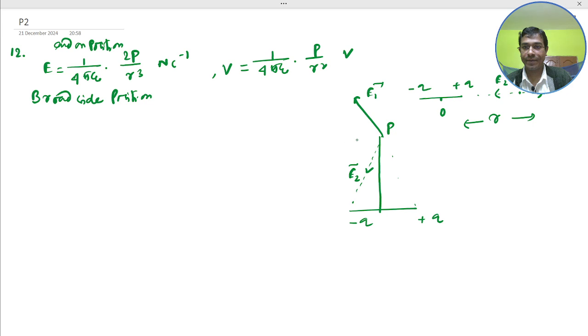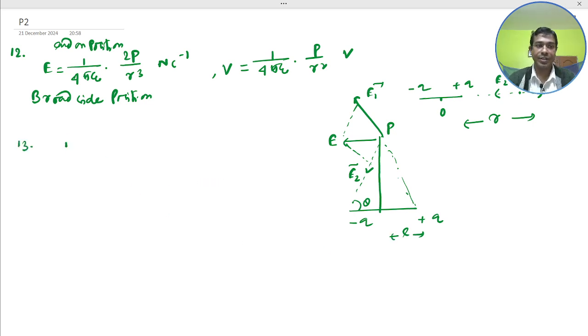So the resultant electric field would be in this direction E. In this position the electric field would become E equal to 1 by 4 pi epsilon naught times P by r cube.